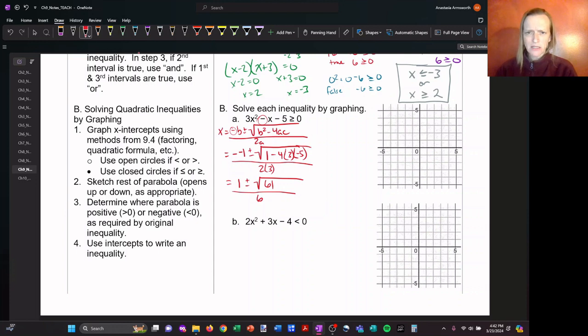Because I'm trying to graph this, I don't want this written in radical form. I'm going to go ahead and plug these numbers into my calculator and see what values I get. And my values of x are going to equal -1.14 and positive 1.47.